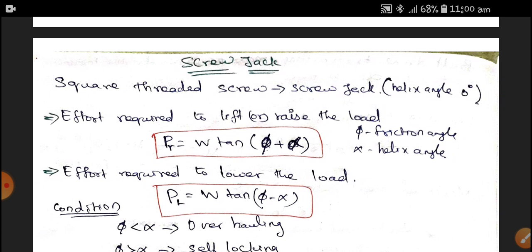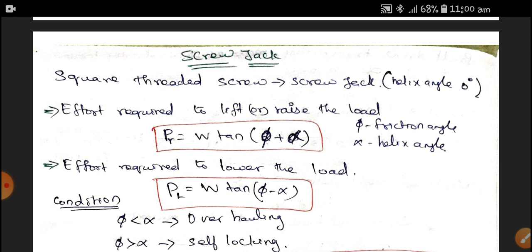Therefore, we have to know the effort required to lift the load. That is, P is equal to W tan (phi plus alpha). Here phi is the friction angle and alpha is the helix angle, where W is the load to be lifted and P is the effort required.